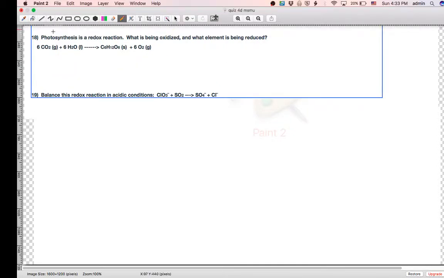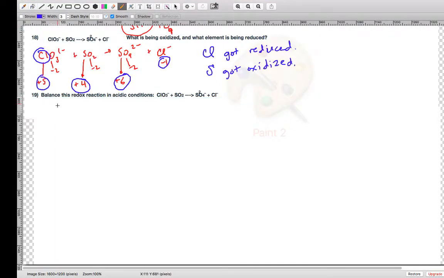You'll see in a moment here, if you don't already see. So it's chlorate plus sulfur dioxide makes the sulfate ion plus the chloride ion. The first half reaction is from chlorate to chloride.